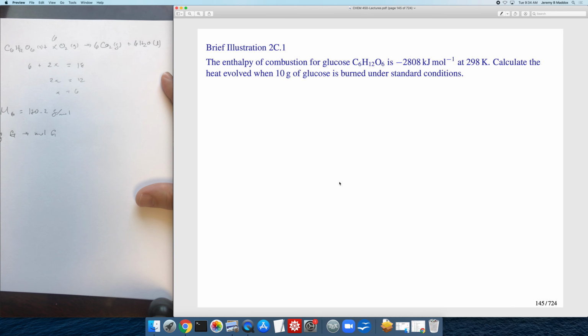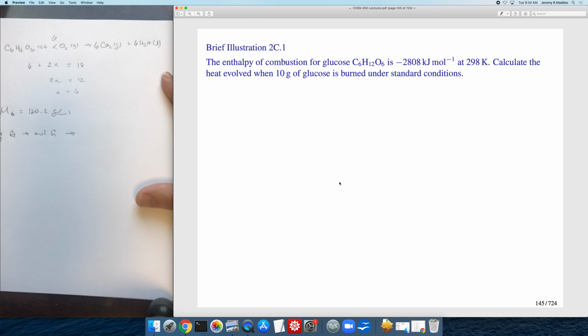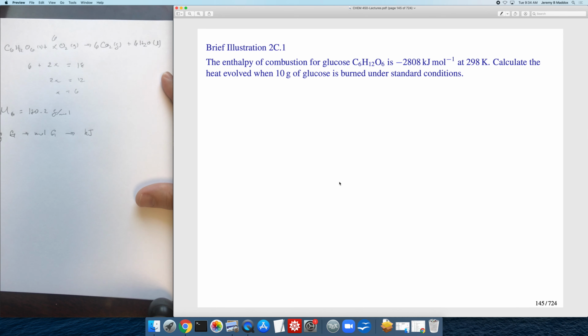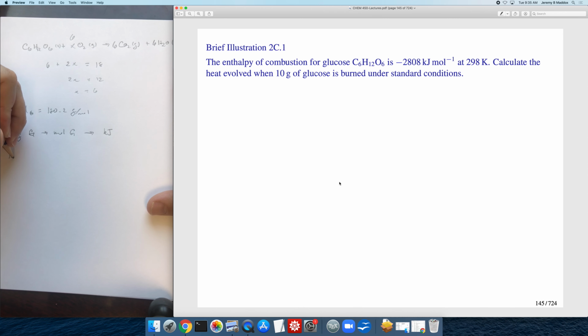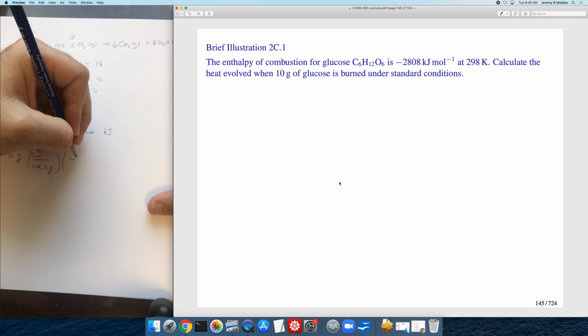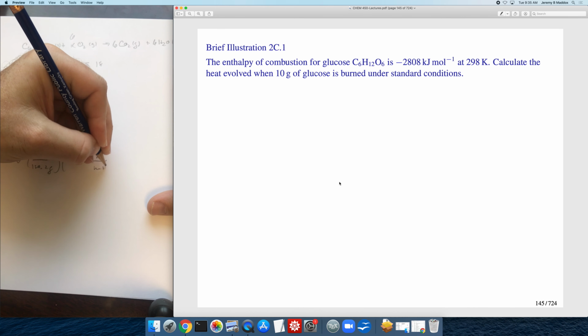That essentially corresponds to moles of reaction, which you can then convert to kilojoules using the given enthalpy of combustion. So 10 grams divided by the molar mass. And then we're going to multiply that by this minus 2808 kilojoules per mole.